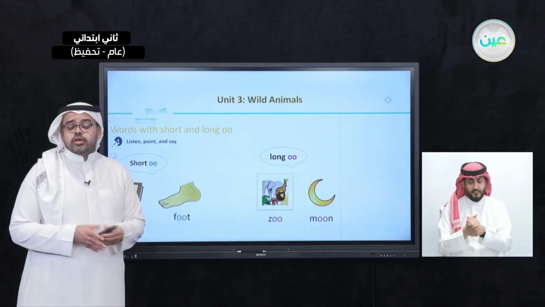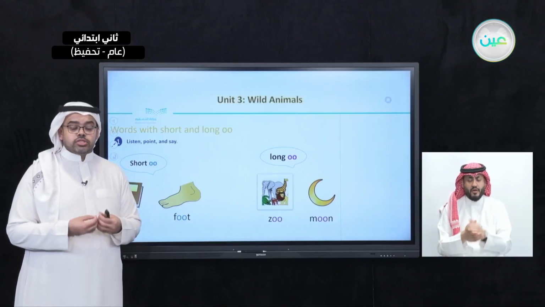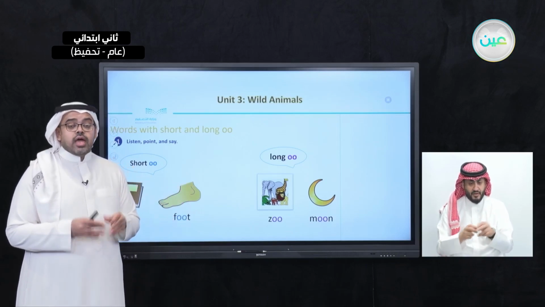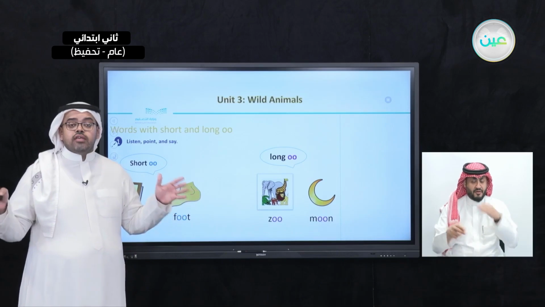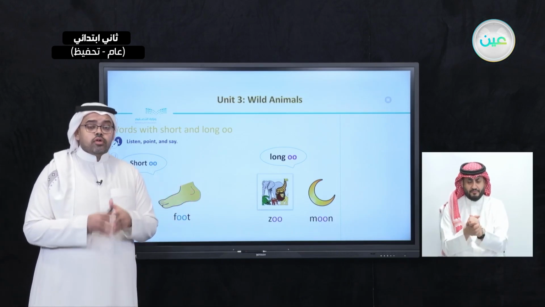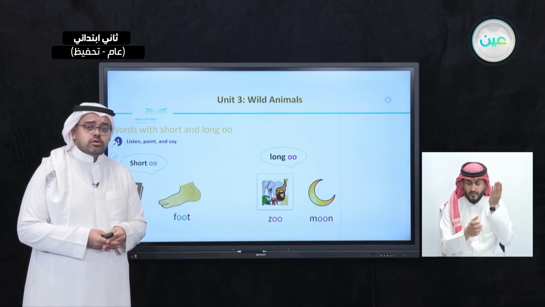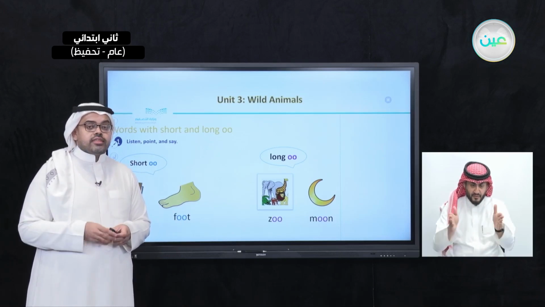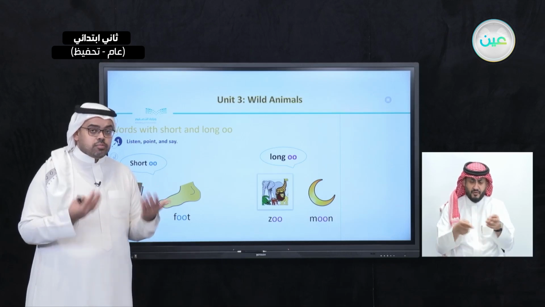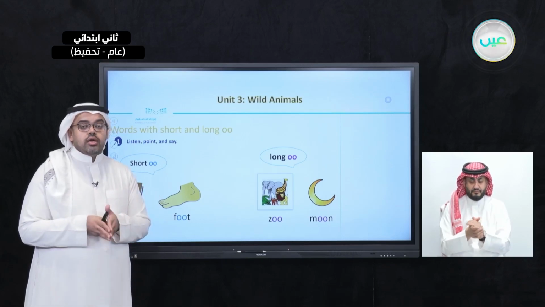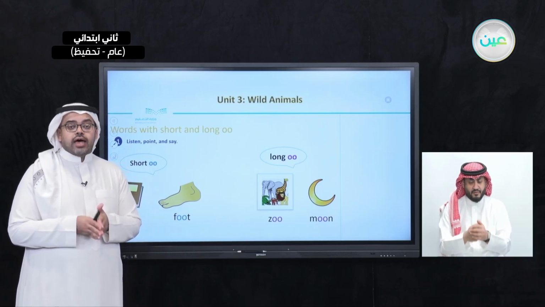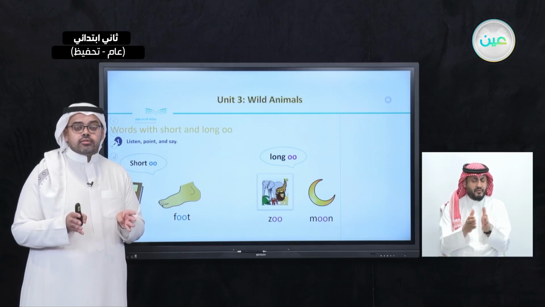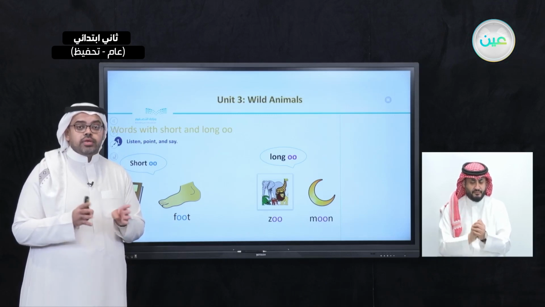As we learned in a previous lesson, sometimes letters have different sounds, and sometimes they are long and sometimes they are short. For example, if you remember the lesson we did with EA, we said that some words that have EA can be pronounced as short E and sometimes as long E. Short E as in head or as in peach.